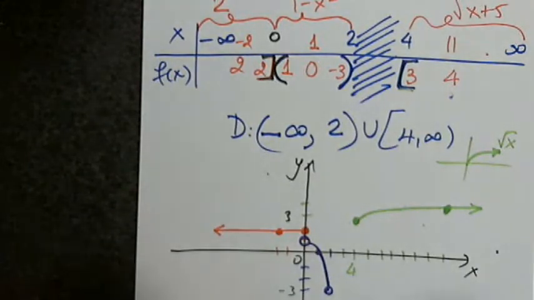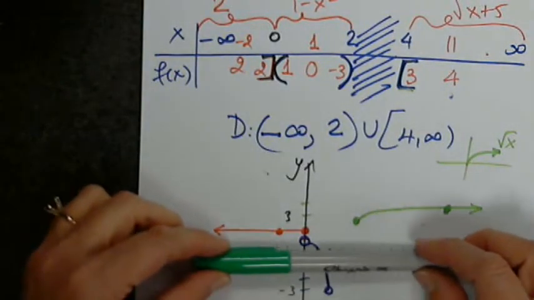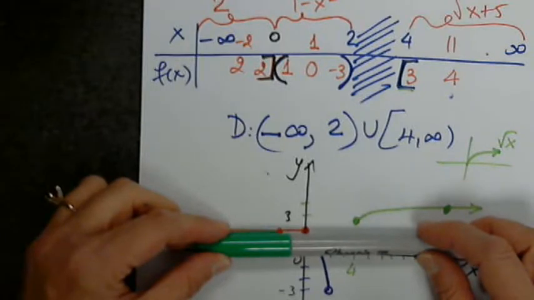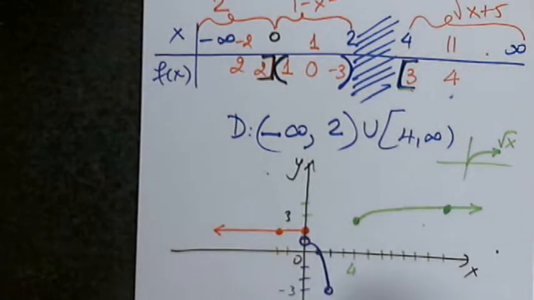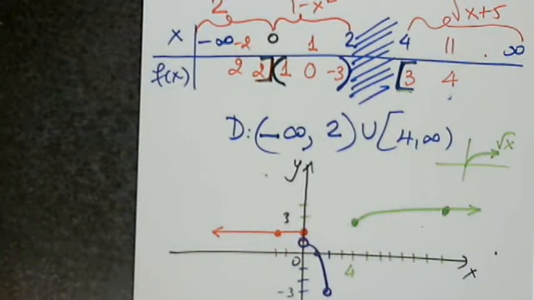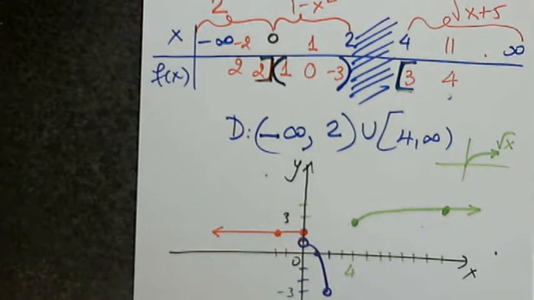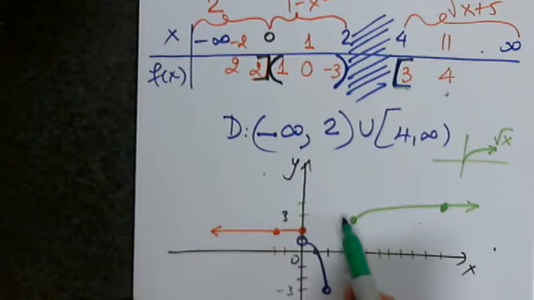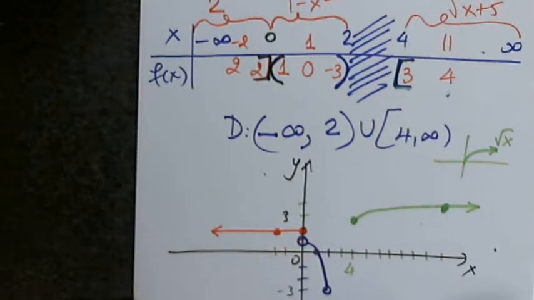How far? Till 2, union, from, very good, with the bracket, to infinity. Very good.